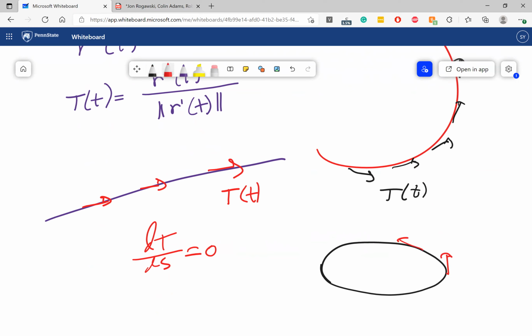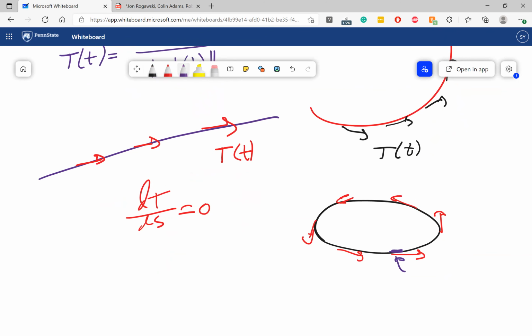They look something like this. And as you do move a ds amount on your curve, as you do move a ds amount over here, your dT over ds does change, right? Because your dT, your big T, is changing as you vary your s.